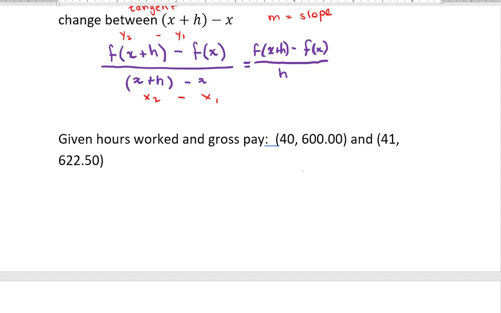So here, if I take my 622.50 and I subtract the 600 from it, and then I'm going to have my 41 minus 40, I'm going to have 22.50 over 1. Now what does this mean? If I were talking about hours worked and gross pay, this is a full work week. 40 hours is a full work week.